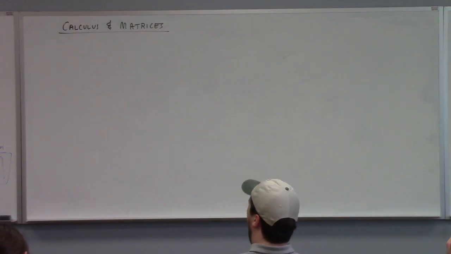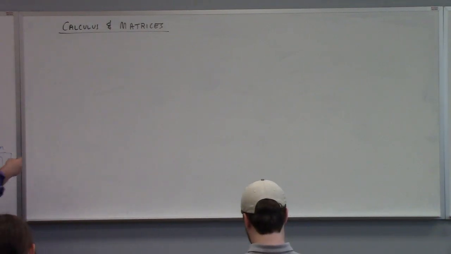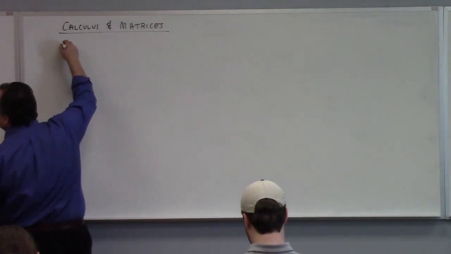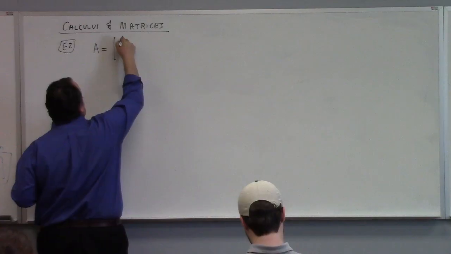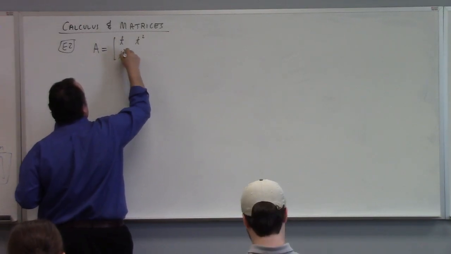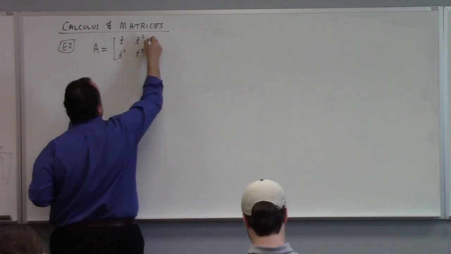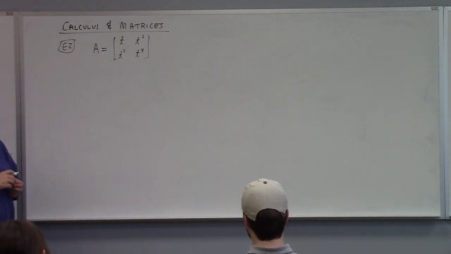You could think about it as a matrix full of functions of time. Let me give you an example. We could have something like A is equal to, I'll keep it simple, t, t squared, t cubed, t to the fourth. Here's a 2 by 2 matrix of functions.